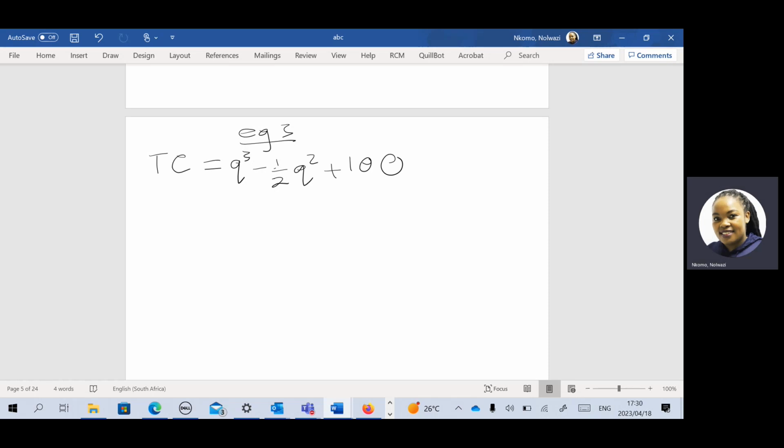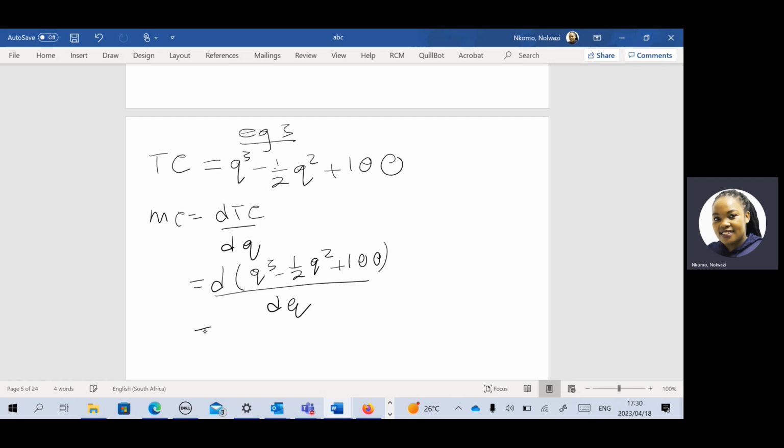If you were to find the marginal cost, we said the marginal cost is the derivative of the total cost with respect to Q, right? If you differentiate Q cubed, you should get 3Q squared, and you differentiate minus half Q squared, you should get minus Q. You differentiate 100, you will get 0.